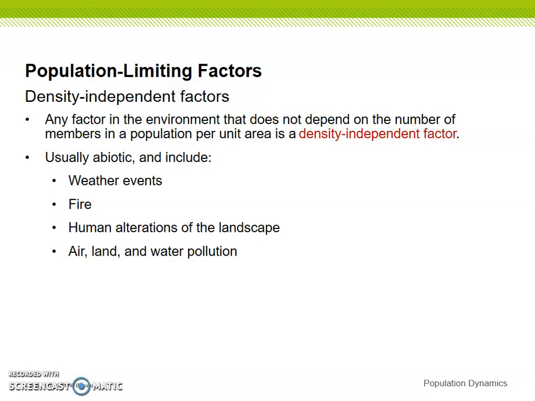That is density independent. These include weather events, fire, human alterations of the landscape, air, land, and water pollution. So basically anything that is outside of the organism's control. Generally, they are weather-related or some kind of abiotic factor.